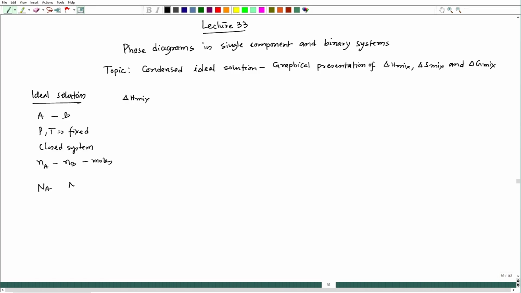We take Na and Nb as the number of atoms if we consider mixing of two metals. These atoms are taken in such a fashion that Na plus Nb equals Nv, which is nothing but the Avogadro number.